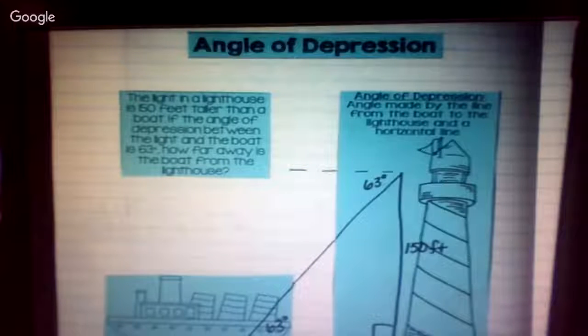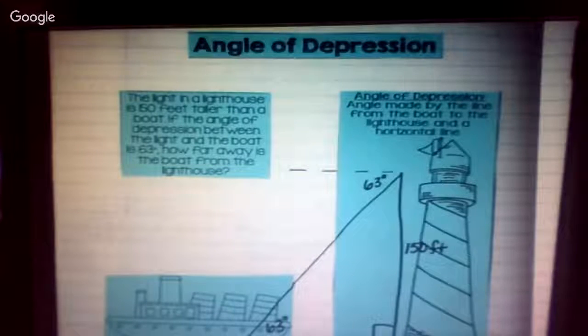How far away is the boat from the lighthouse? What am I finding, my hypotenuse or my other leg? Stop. I need you to think before you just throw out answers, instead of actually looking at the picture.